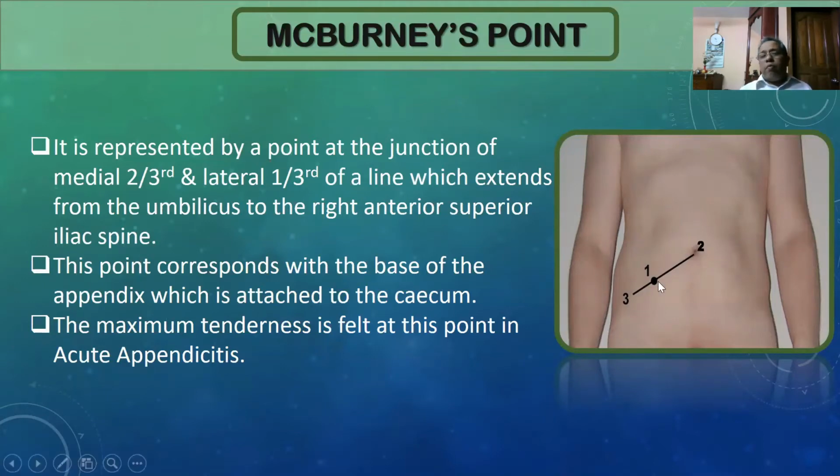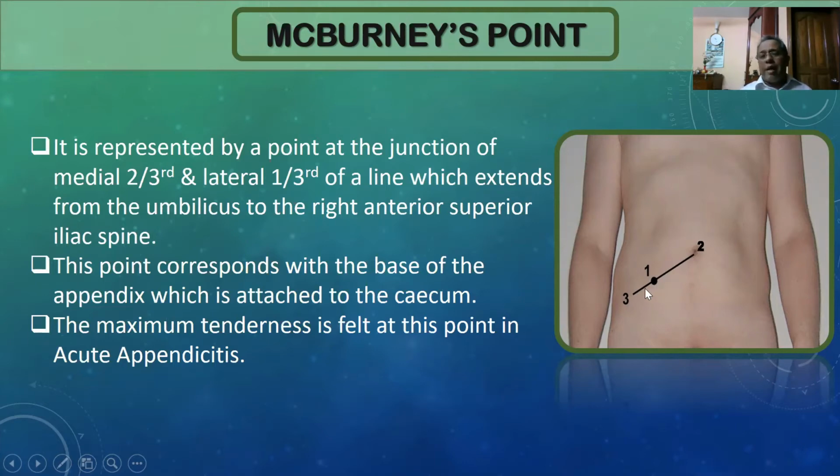For easy memorization, remember it is medial 2/3 and lateral 1/3. Another thing is, if you think of the middle third and lateral third, it's very easy to remember: the junction between the middle third and lateral third of the spino-umbilical line.